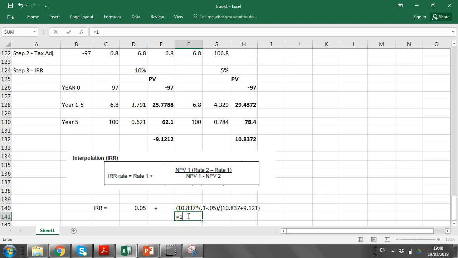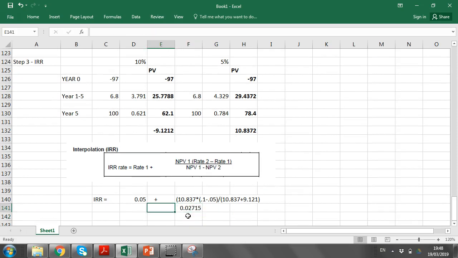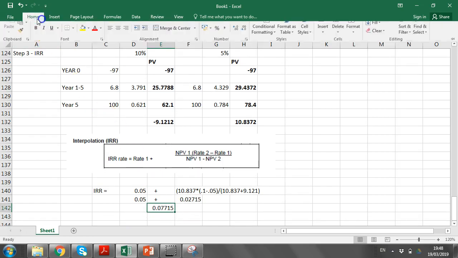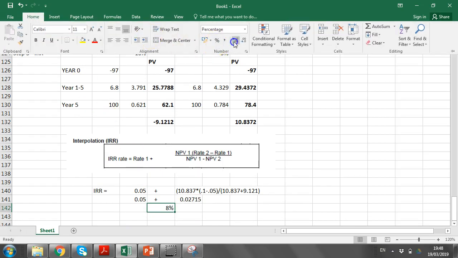So I'll just do that formula then. So hopefully you got 0.05 plus 0.0275, which gets you an IRR of around 7.71%.